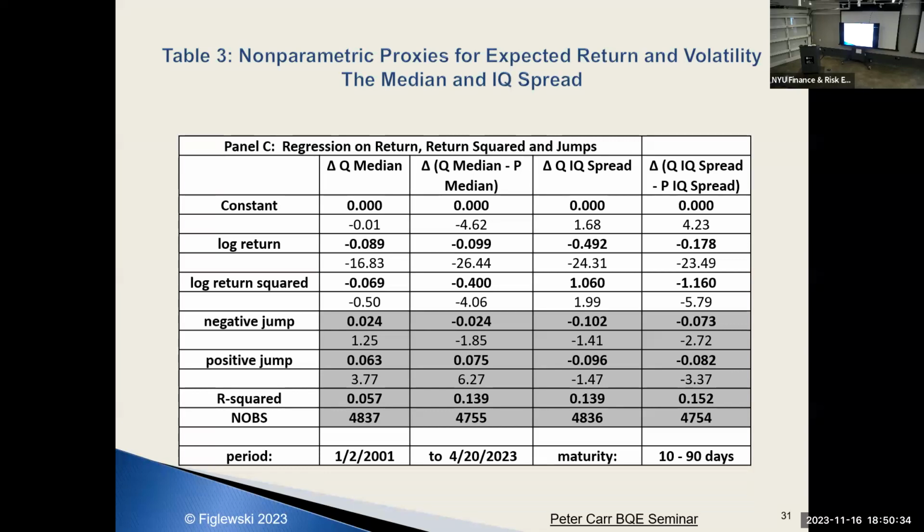I have some trouble understanding how some of these results make sense, but a lot of them make a lot of sense. Like here, if you have a really big return, positive or negative, the interquartile spread widens out, but relative to the P, it gets narrower.